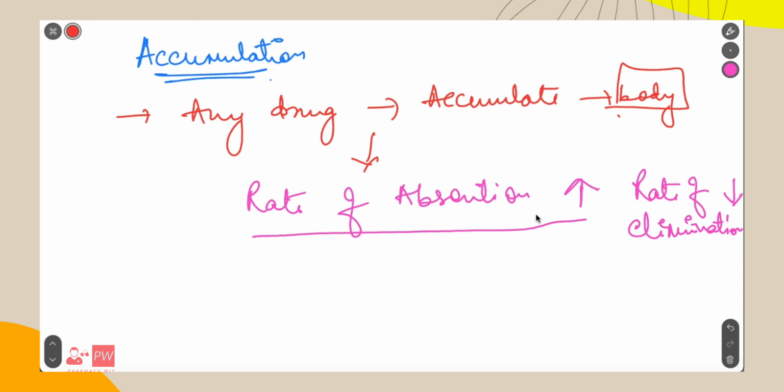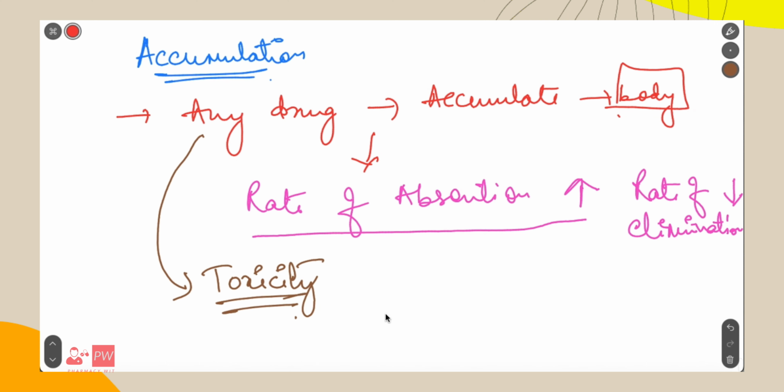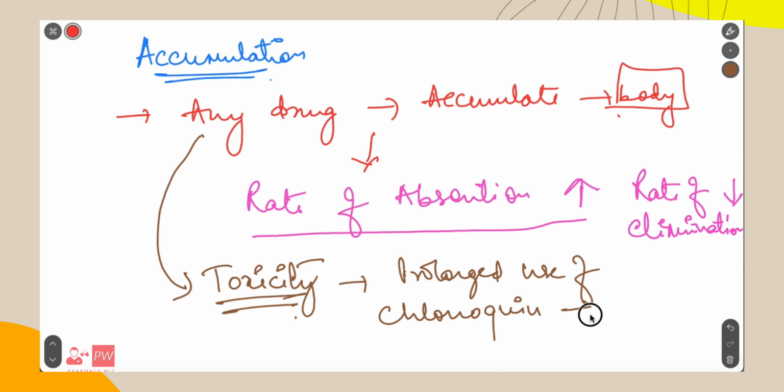Some drugs are slowly eliminated, so they accumulate in the body and cause toxicity. For example, the prolonged use of chloroquine will cause damage to the retina.